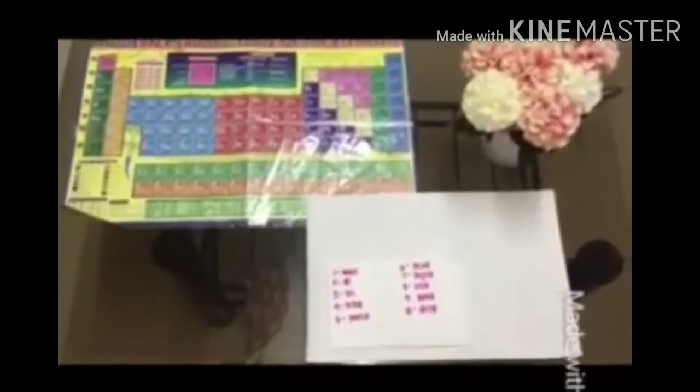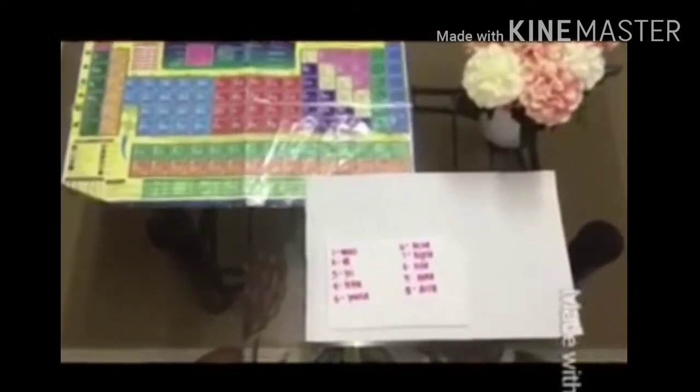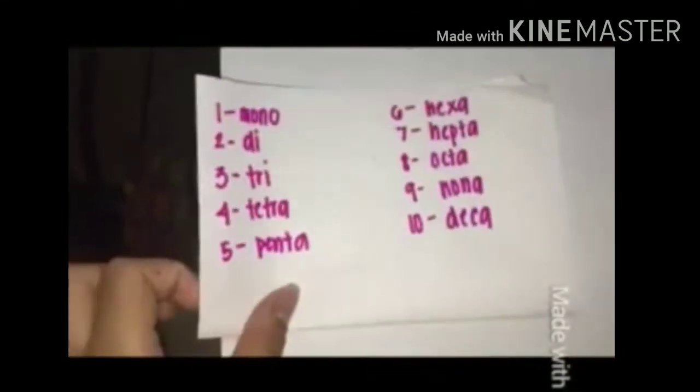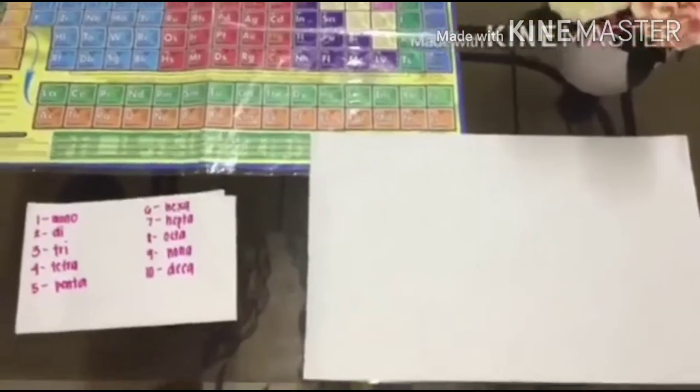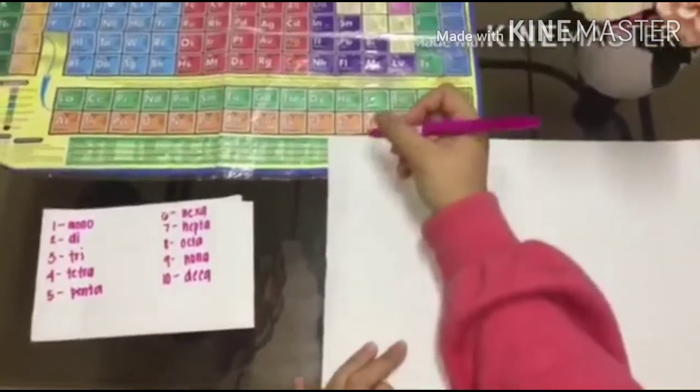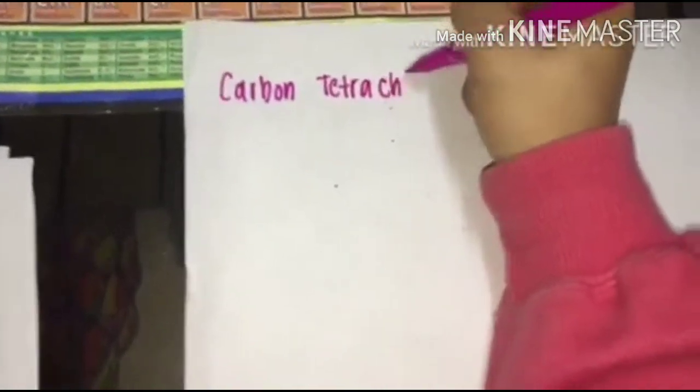Next, we're going to write the chemical formula of covalent compounds. In writing covalent compounds, we need these prefixes, and it's better to memorize them because we are going to use them to determine and write the formulas. For example, we're going to write carbon tetrachloride.